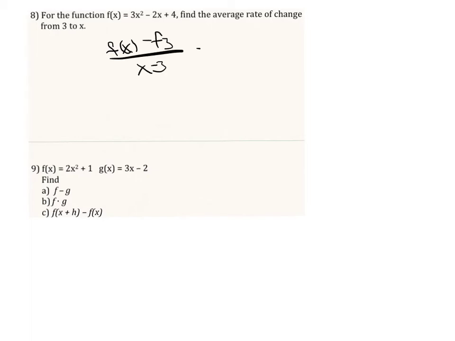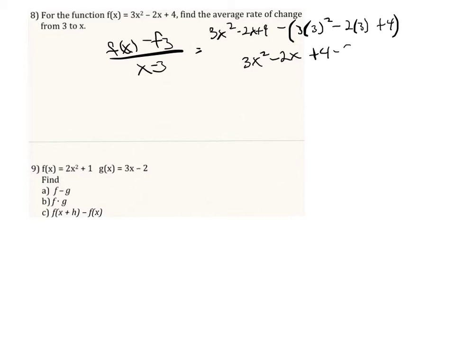So we end up with 3x squared minus 2x plus 4 minus 3 times 3 squared minus 2 times 3 plus 4. So we end up with 3x squared minus 2x plus 4 minus 21 after you solve for that, which is 3x squared minus 2x minus 21.